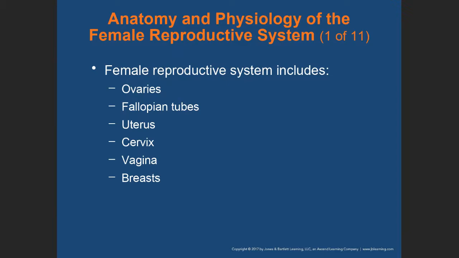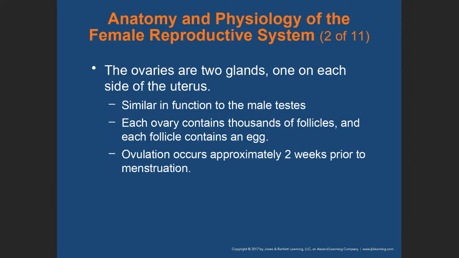Anatomy and physiology of the female reproductive system. The female reproductive system includes the ovaries, fallopian tubes, the uterus, the cervix, vagina, and breast. The ovaries are 2 glands, one on each side of the uterus, similar in function to the male testes.